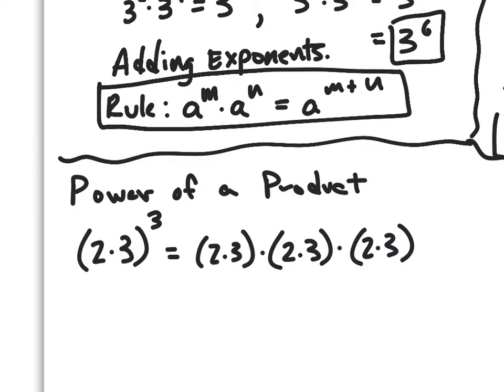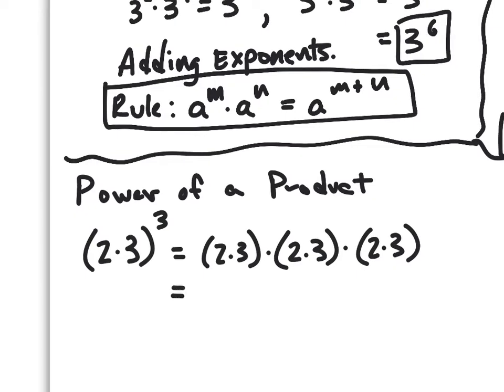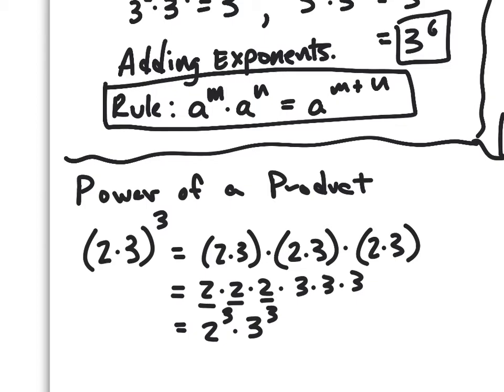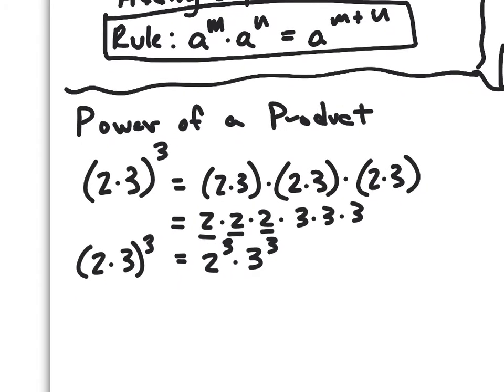So if I take 2 times 3 and raise that to the 3rd power, then I'm just taking each of those parts on the inside and raising it to the 3rd power.